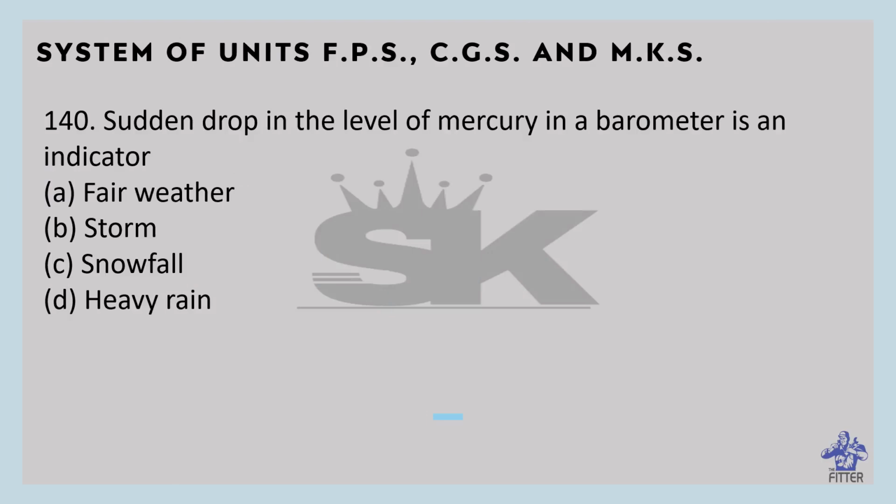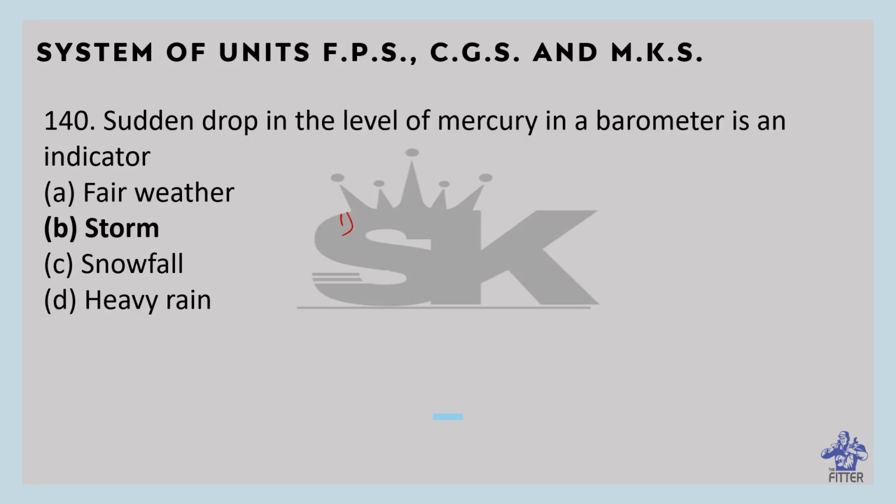Sudden drop in the level of mercury in a barometer is an indication of, that is storm. Three conditions are there: sudden fall, gradual fall, and a gradual rise.